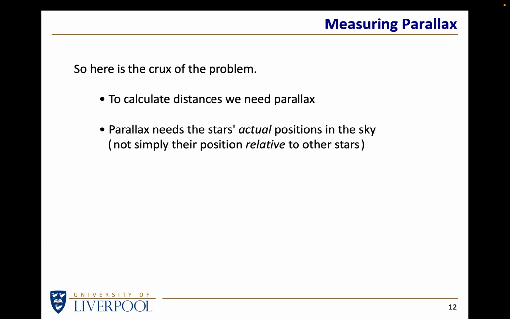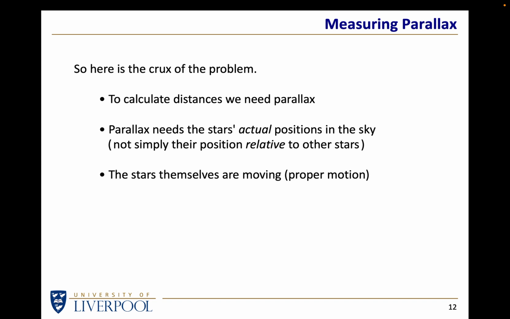So you don't simply need the position of a star relative to other stars, you need it relative to some fixed coordinate system. And you also have to take into account that not only will the stars appear to move because of the Earth's motion around the Sun, individual stars are moving around the center of the Milky Way. They have their own motion, so-called proper motion.